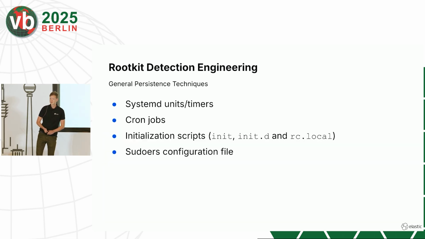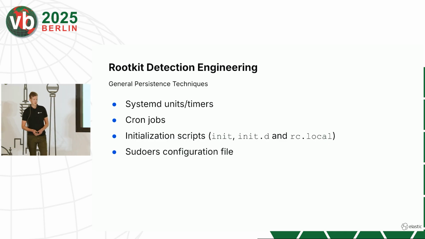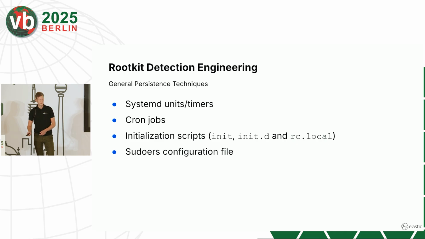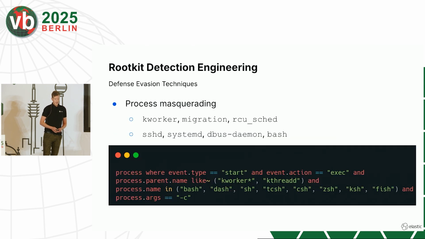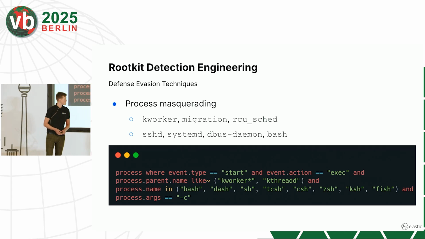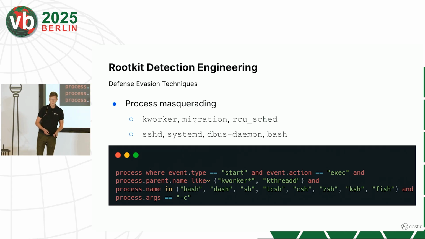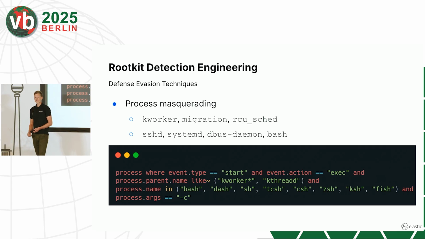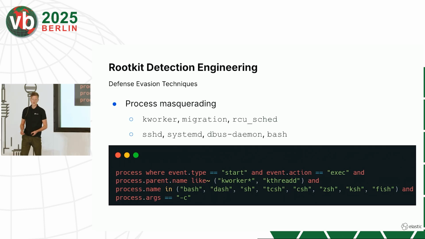General persistence techniques. You probably all know about these, but figuring out systemd units and timers, cron jobs, initialization scripts like init, initd, or rc.local, and the sudoers configuration file are persistence techniques that we commonly see being used by rootkits. And they also use certain defense evasion techniques. So for example, this one was also seen by Pumakit. Pumakit is living in the kernel, but they also want to do user space activity.